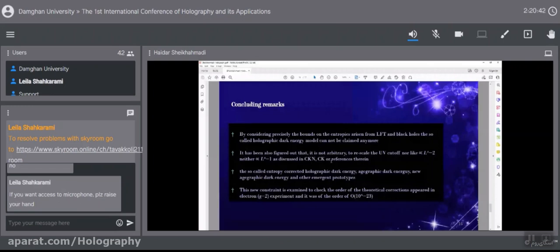They should maybe be re-examined, and we have to rewrite them. And also our estimation for the G-2 gyromagnetic electron anomaly at the one loop level is of the order of 10 to the minus 23, which has some differences with the CKN prediction. Thank you very much for your attention.